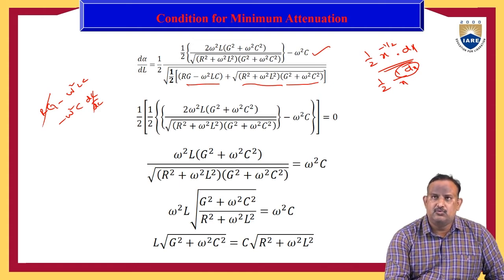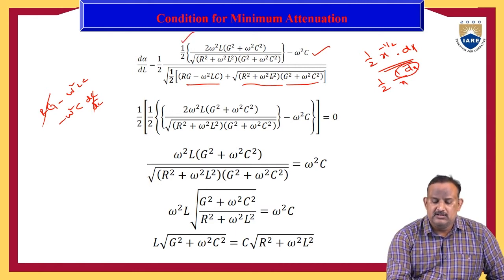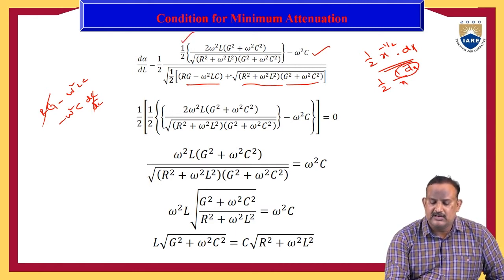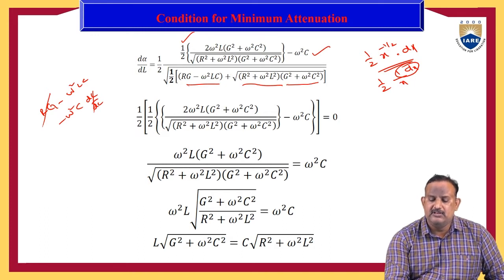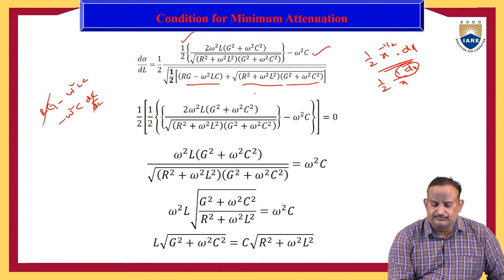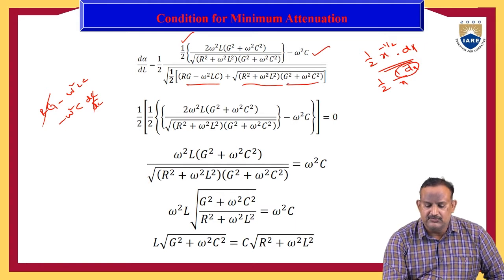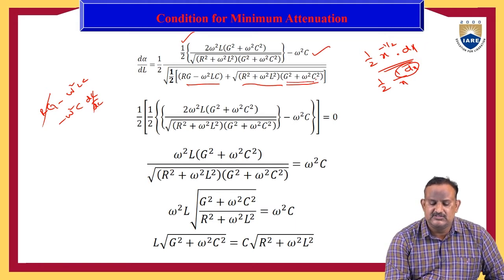Again for root x, half into 1 by x into dx. Therefore half into 1 by root of R square plus omega square L square into G square plus omega square C square, into the differentiation of this one. G square plus omega square C square is constant.